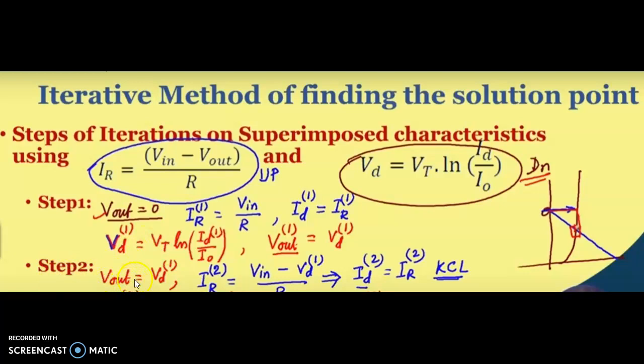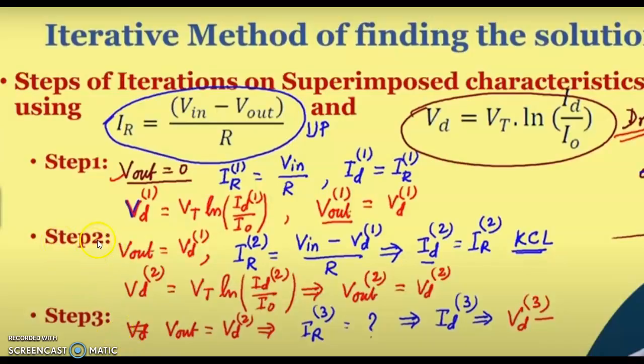Okay, step 2. Here Vd1, V out equals Vd1. In this step 2, V out equals Vd1. Okay, finished. Now IR in iteration step 2: IR equals Vin minus Vd divided by R. It implies Id equals IR by Kirchhoff's current law.